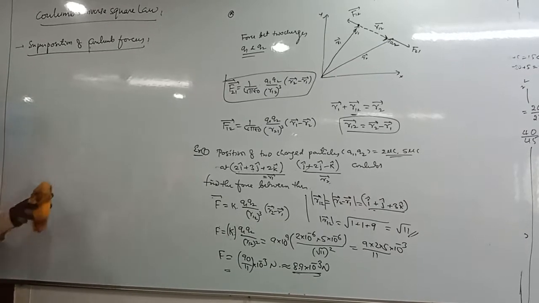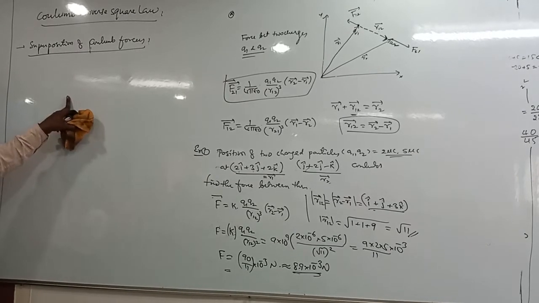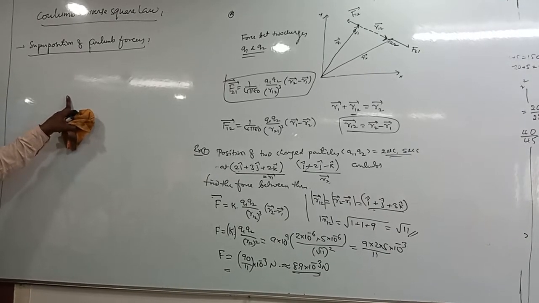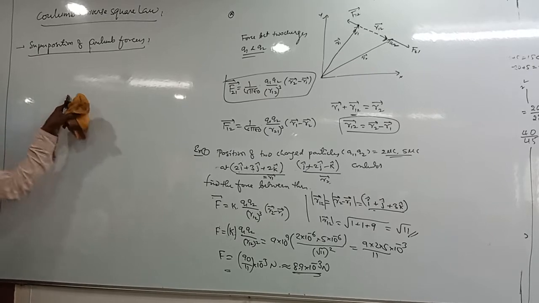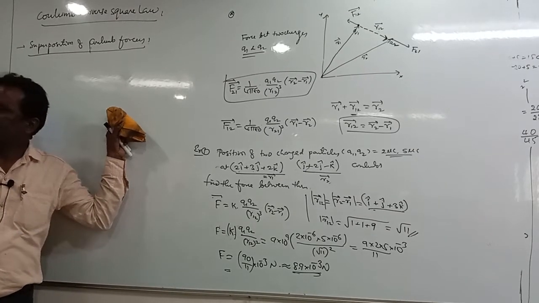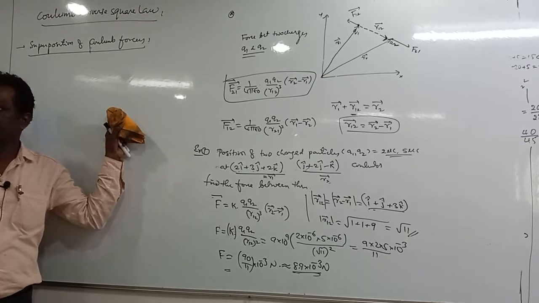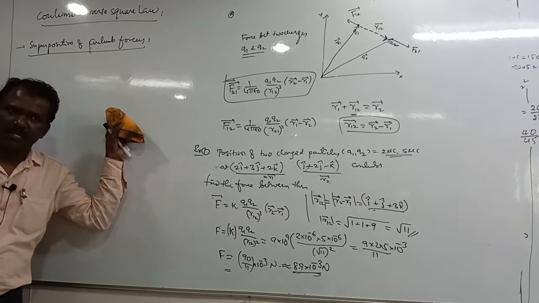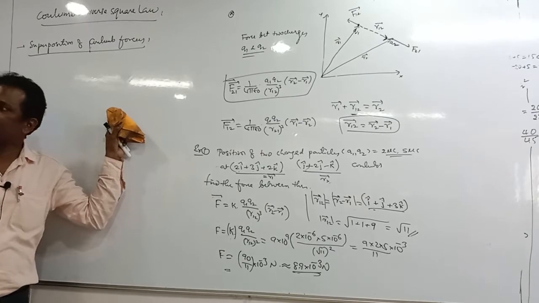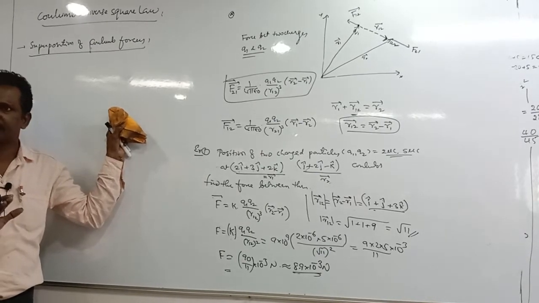So while calculating the resultant force, while considering the direction, we need not give the negative sign of the charge, right? And in vector notation, vectorially we have to add the forces.